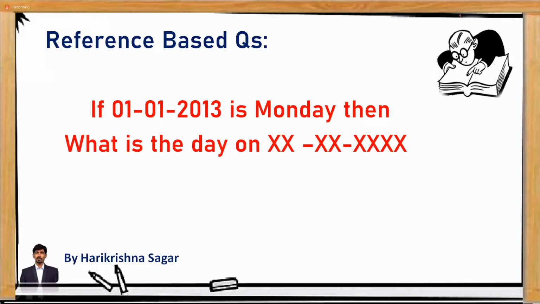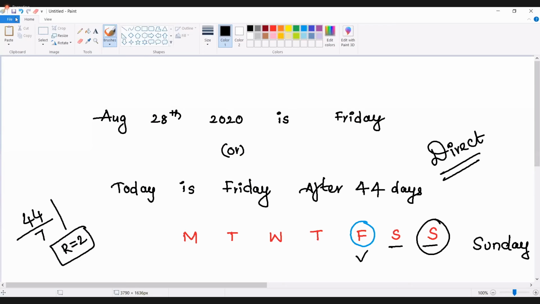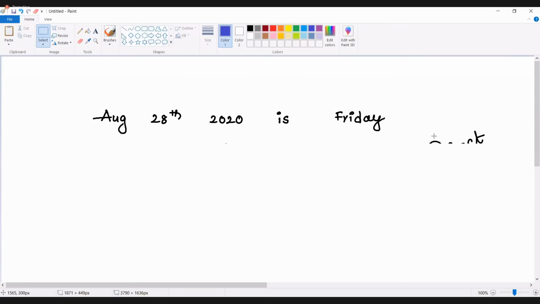So first, look at how this type of question is framed. In the previous questions you saw today or something similar, but here the same question is connected like this. 28th August 2020 is Friday.